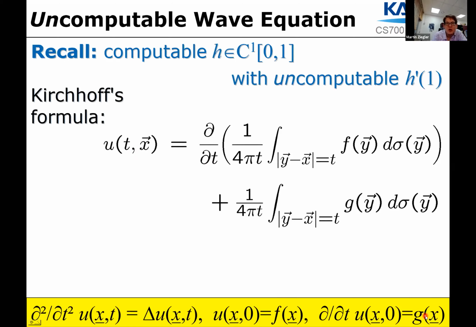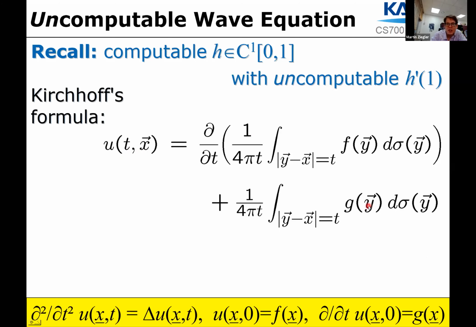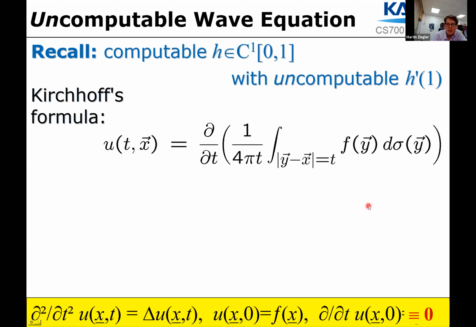What it does need is what we've just proved, namely the Myhill example of a computable continuously differentiable function of one argument, right? Here we have only one argument, and here we have one temporal and d spatial arguments. And as I said, to create such a counterexample we can even drop that initial condition and replace it with 0, which also makes the second term of Kirchhoff's formula vanish.